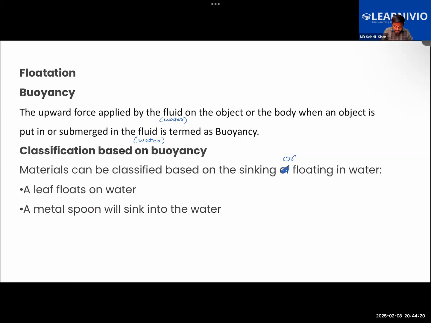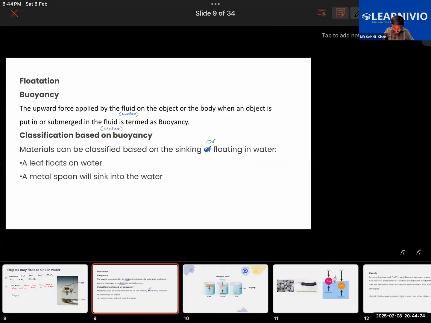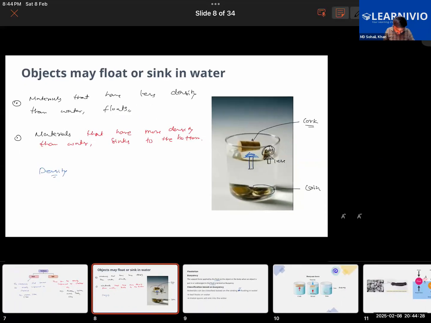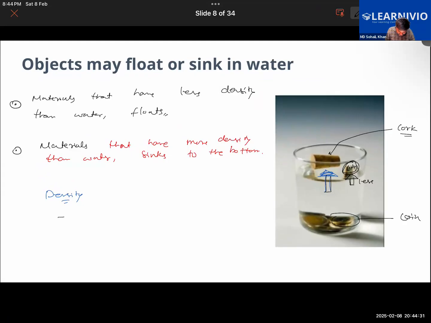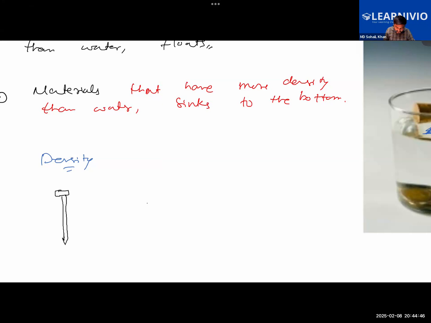Okay. Now, take a look at the structure of a ship and that of an iron nail. So this is an iron nail. Is the iron nail hollow from inside? No, obviously no. But when you take a look at the structure of the ship, let me draw a simple ship like this.